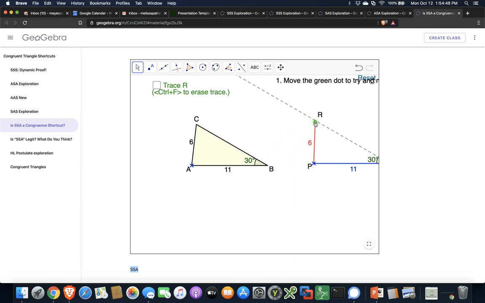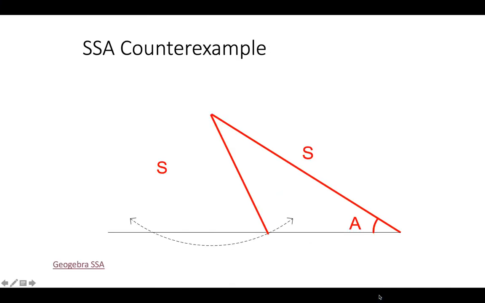I can end up meeting this line here to make a triangle, or I can keep going and I can make another triangle there. And you can see that this one and that one are different triangles. So if I have the side, side, and the non-included angle, it does not prove that the triangles are congruent.